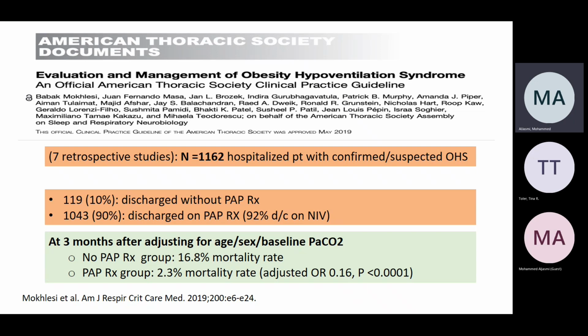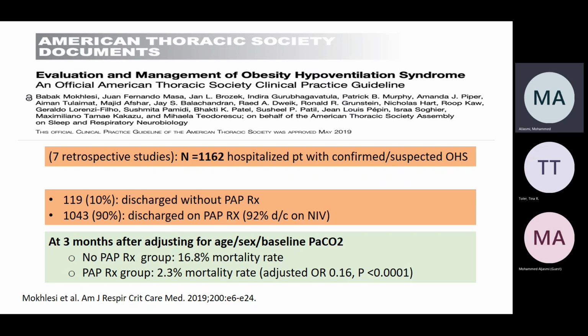And 90% of these patients were discharged on some sort of PAP, and 92% of those were discharged on NIV. NIV means either BiPAP or BiPAP-ST or AVAPS, not just one. So they were discharged with some kind of positive airway pressure ventilation.